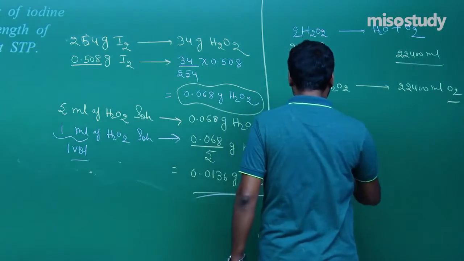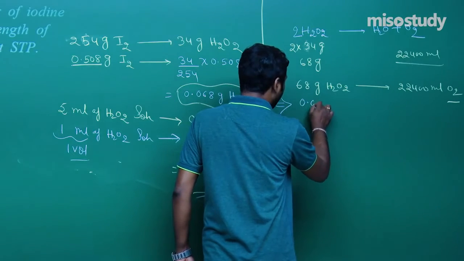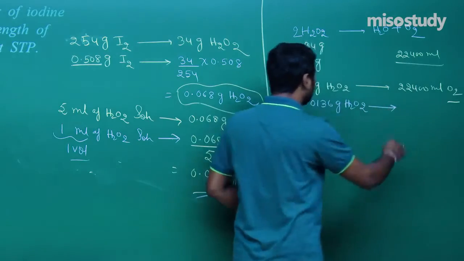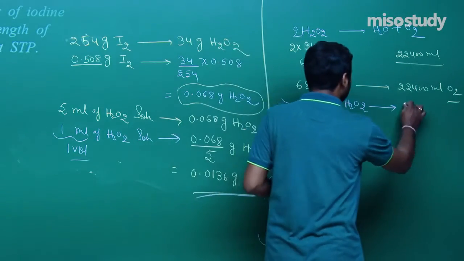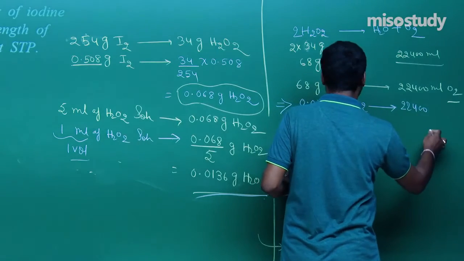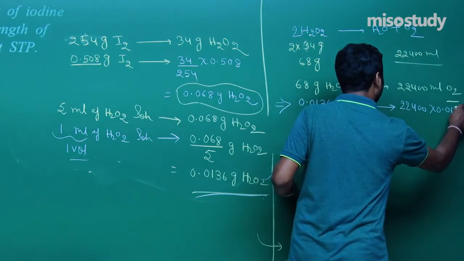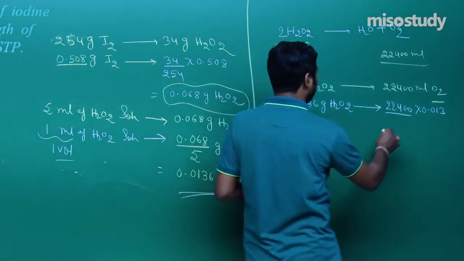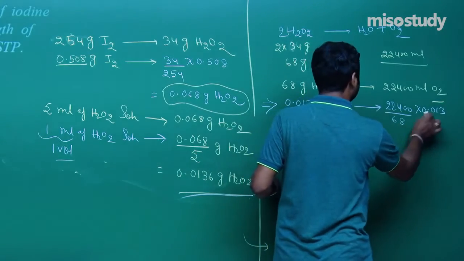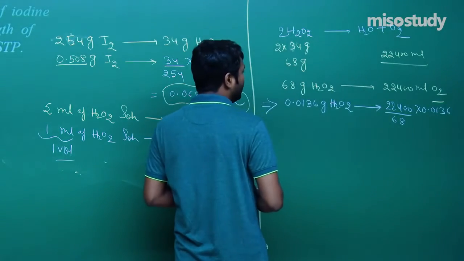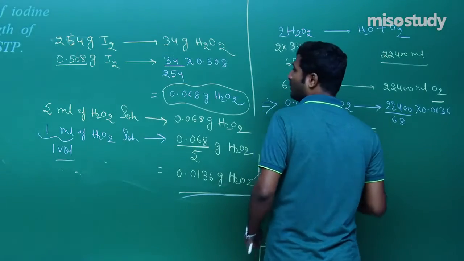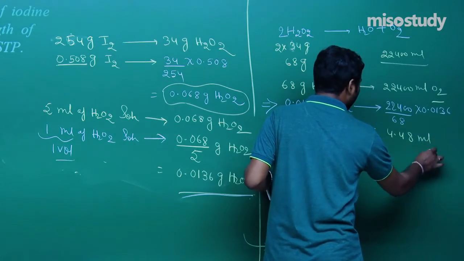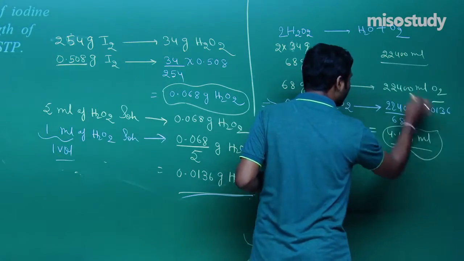And now according to the question, how much amount do we have? 0.0136 gram H2O2 gives you 22400 into 0.0136 divided by 68, and this is around 4.48 ml.